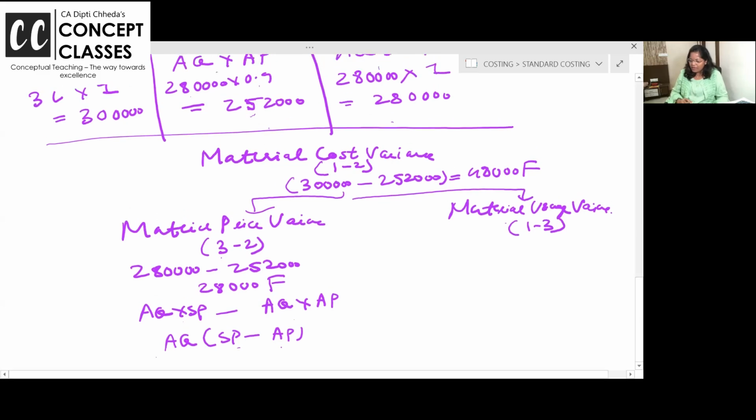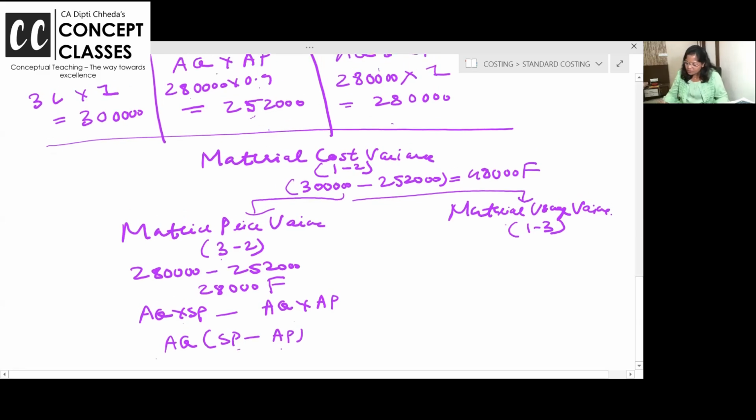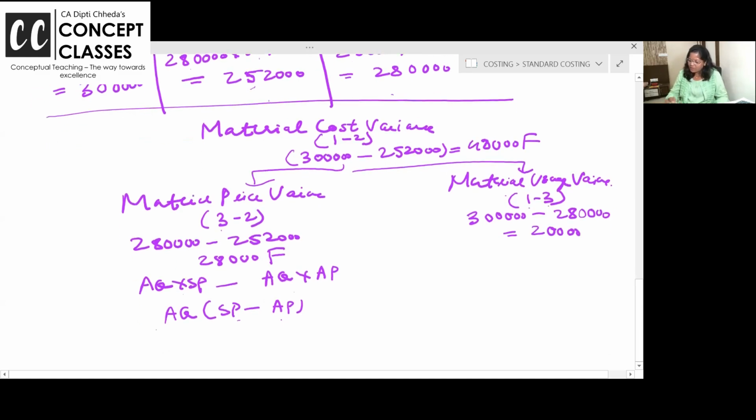Write it fully. And this is 1 minus 3, the difference in usage. 1 is 3 lakh, and 3 is 280. This is 20,000 favorable.